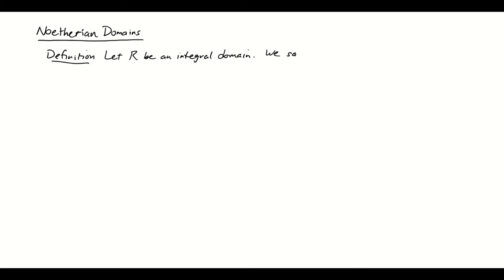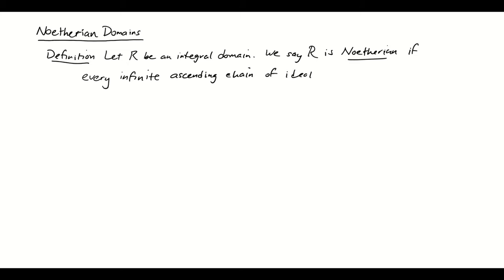We say R is Noetherian if every infinite ascending chain of ideals of R eventually stabilizes.